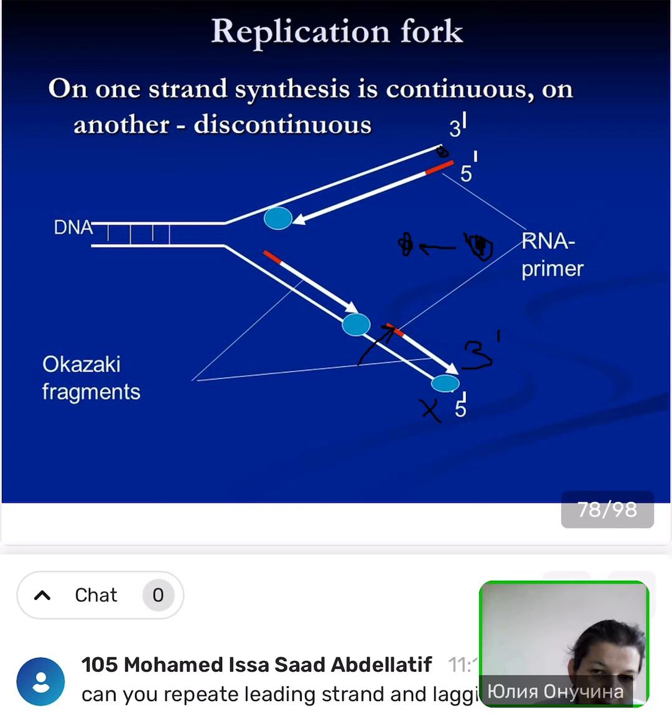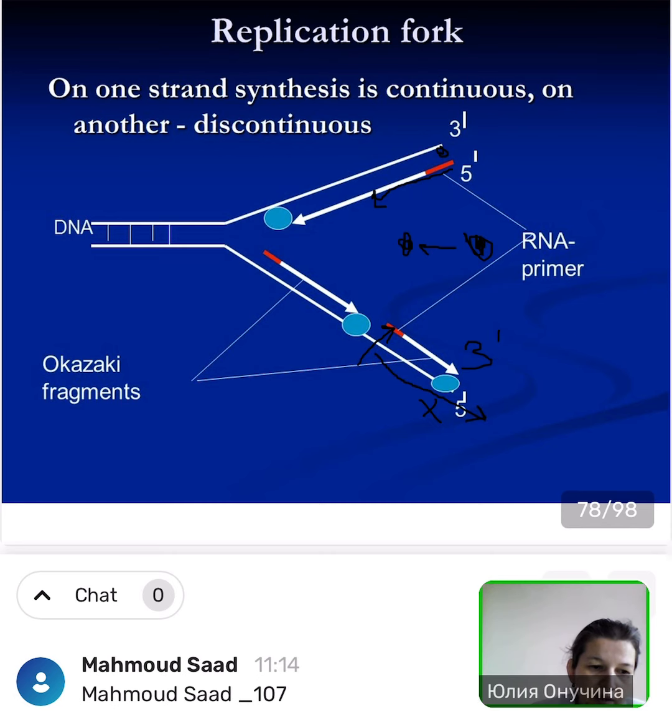This DNA polymerase will come in this direction. When helicase will be here, in this leading strand, DNA polymerase will finish, but this polymerase will finish only this fragment and begin work in the next fragment.